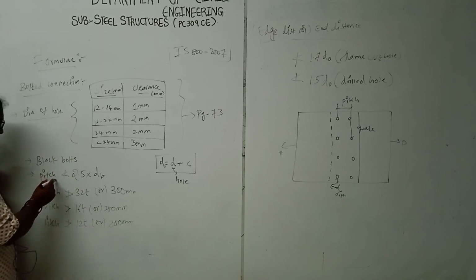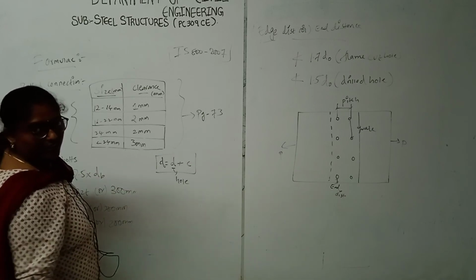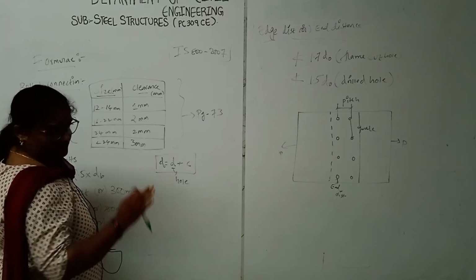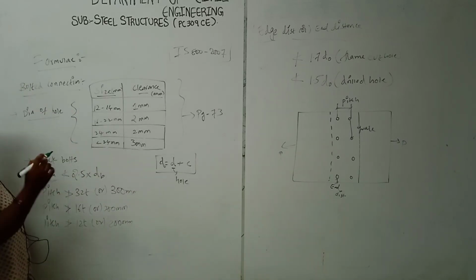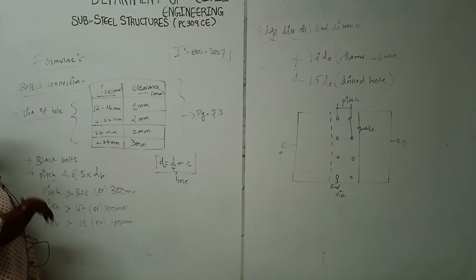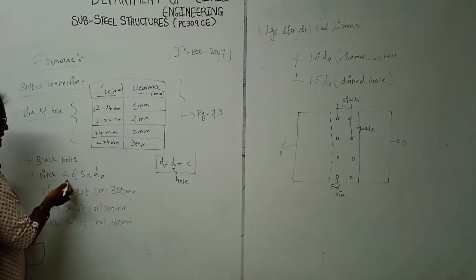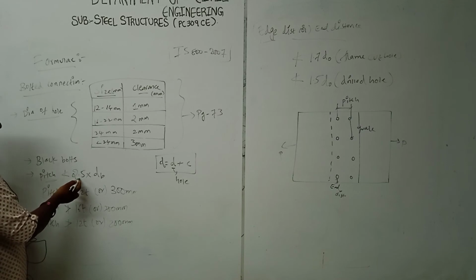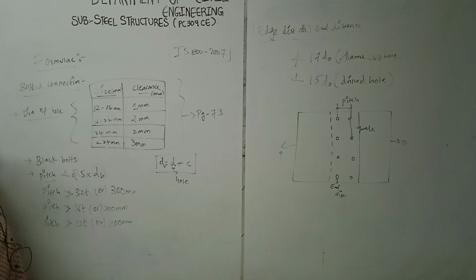And the next one, pitch. Whatever the pitch distance you are providing between the bolts and the holes should be in the prescribed code only. See here, pitch should not be greater than 2.5 into dia of your bolt.